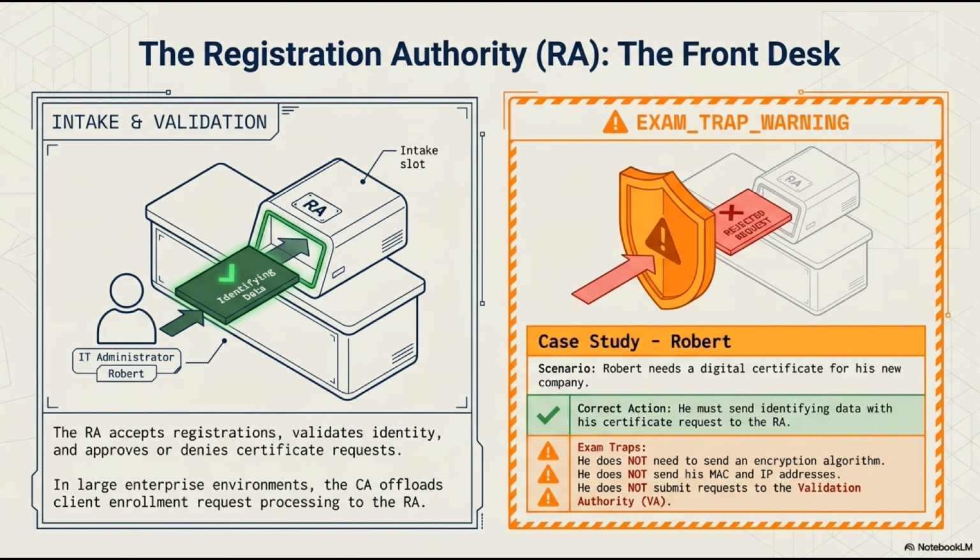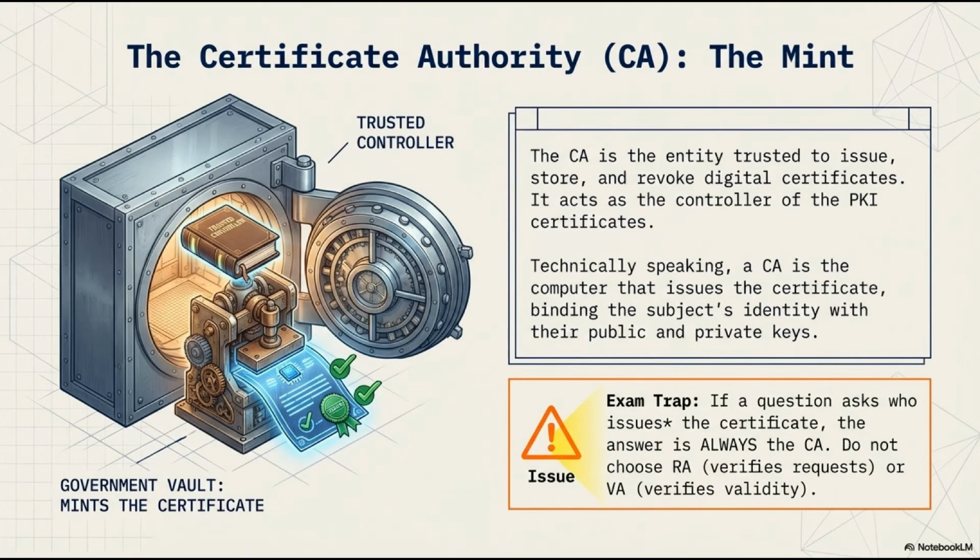So once Robert proves who he is, we need to actually mint the passport. Turning to slide 5, the Certificate Authority, CA. The mint. The vault. Yeah, the visual here is literally a vault minting a secure document. Let's dive deeper into what the CA actually does once the RA gives the green light. So the CA is the ultimate trusted controller of the PKI certificates.